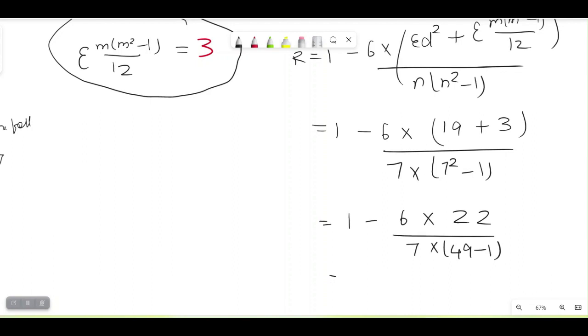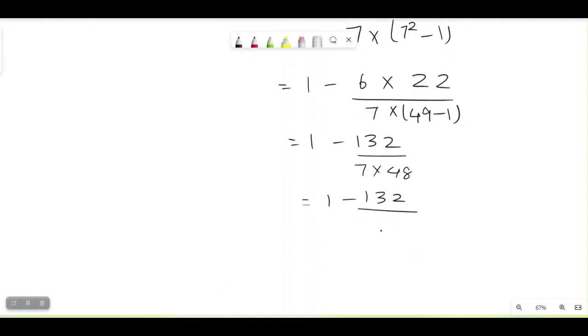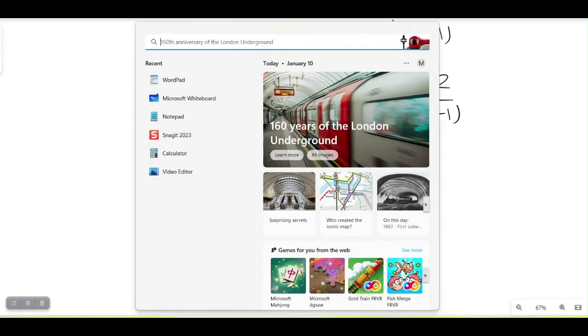So this will be 1 minus 132, 22 into 6 is 132, and 7 into 48 should be 336. And then we divide 132 by 336.